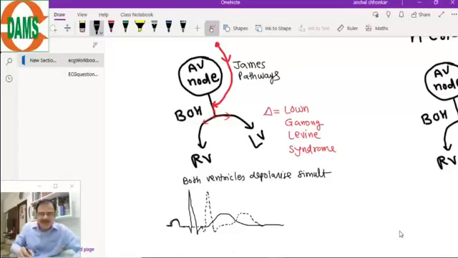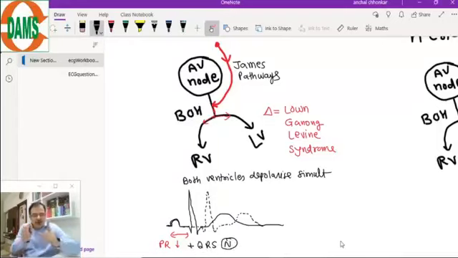So in this ECG, the PR interval is shortened. PR interval is reduced, and the QRS complex is normal in width, because both ventricles are depolarizing simultaneously.